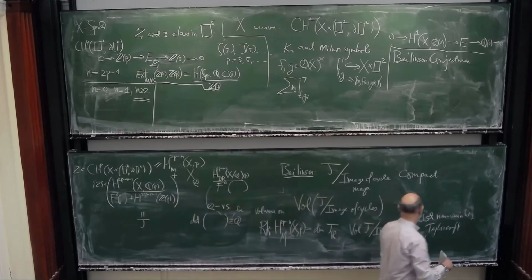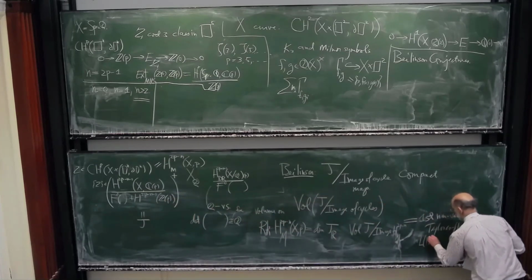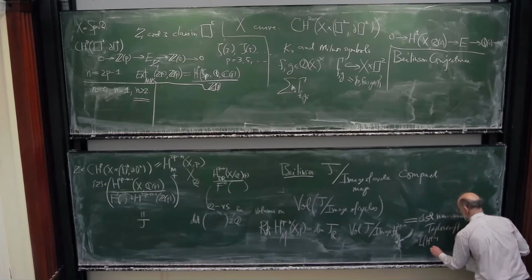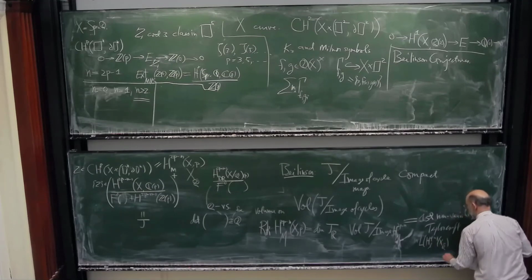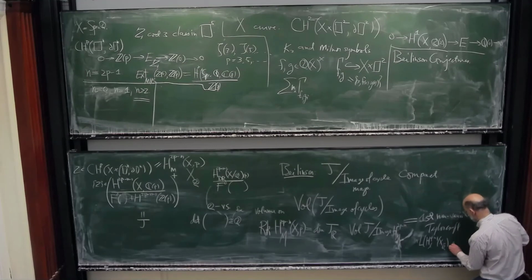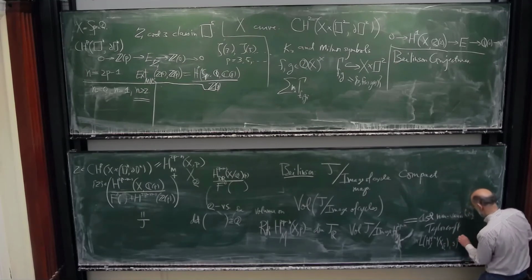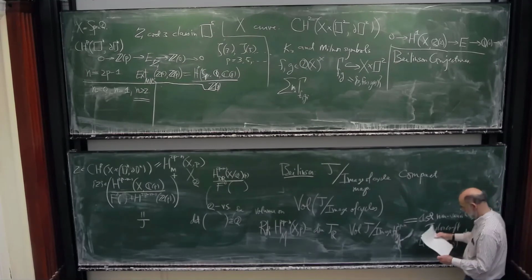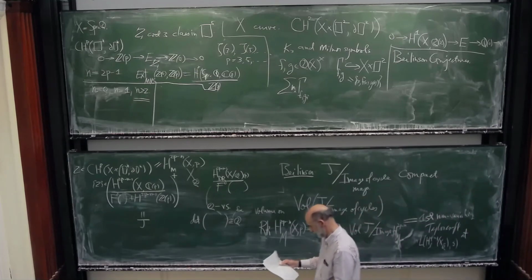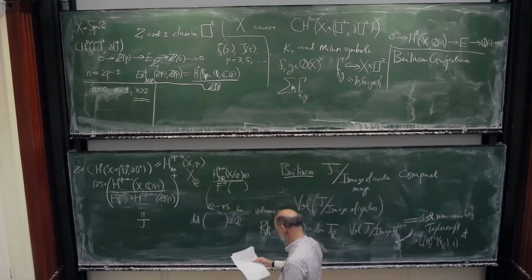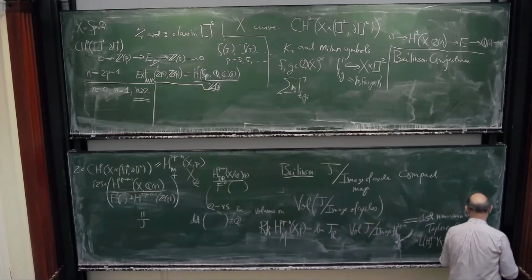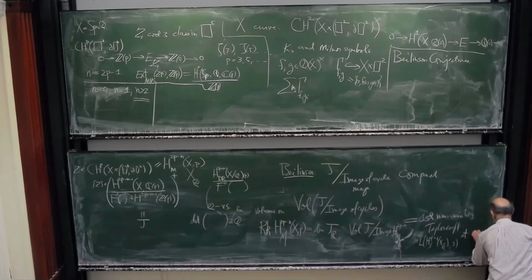H^(2p minus n minus 1), but L-adic now, of x bar, at s equals p minus n.